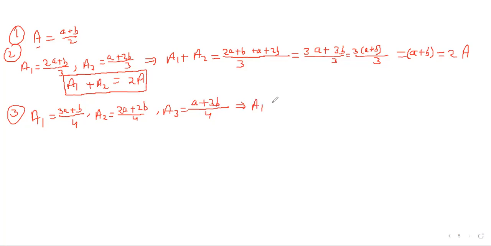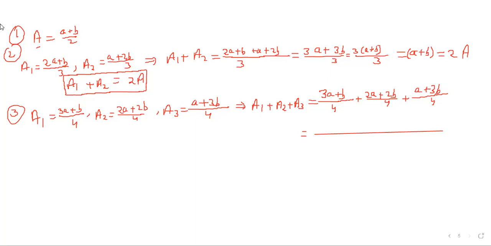Now if we add them, A1 plus A2 plus A3 equals the first arithmetic mean (3A plus B) upon 4, the second (2A plus 2B) upon 4, and the third (A plus 3B) upon 4. And when we take the LCM of their denominators, it is 4.